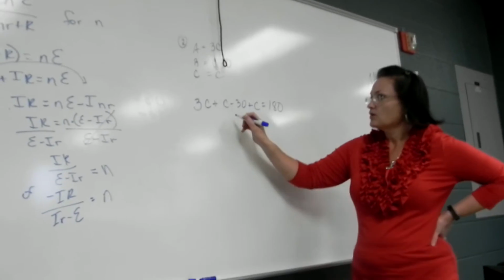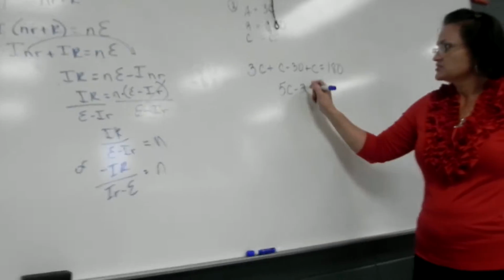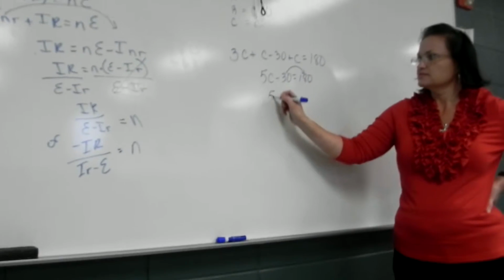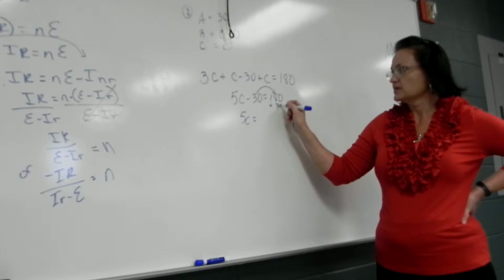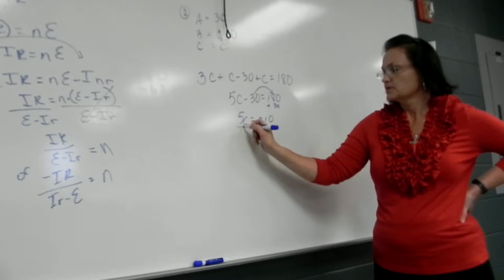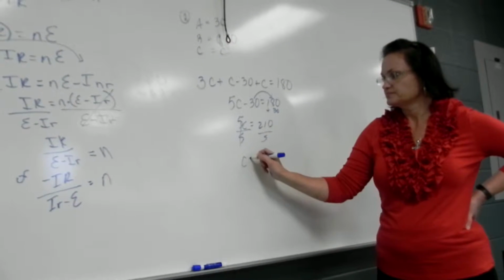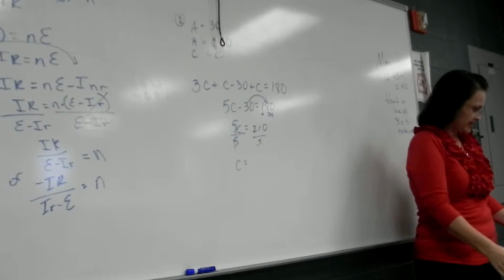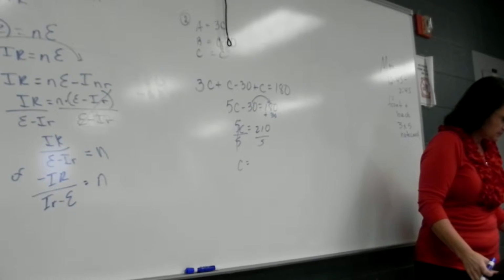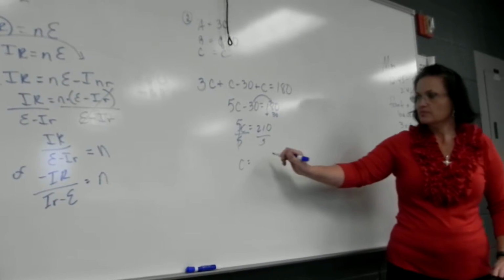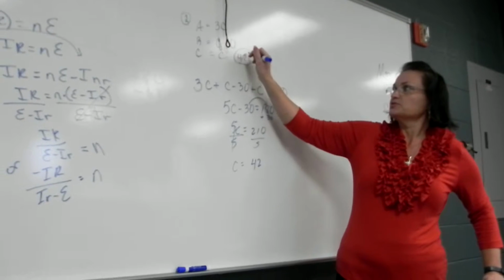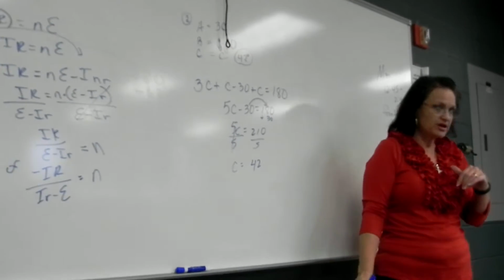And then we're able to solve this. That's 5 C's minus 30. Throw the 30 across. Adding 30 then gives me 210. Divide by 5. And then check 210 divided by 5 for me. So about 42. Is it 42? All right, so angle C then itself is 42 degrees. And it asks for all 3 angles.